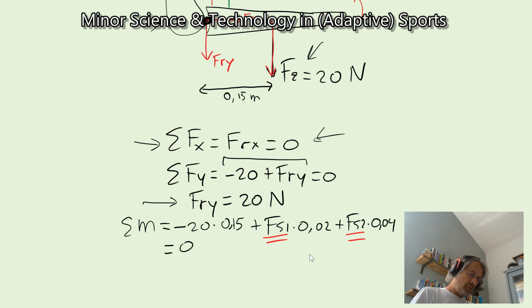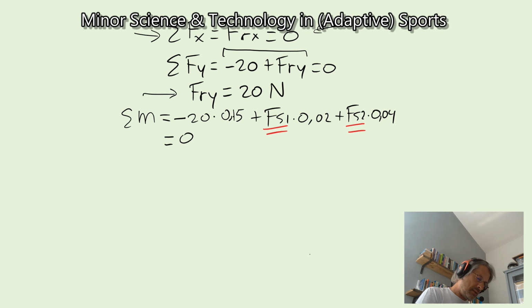So what I'm going to show you is one of these infinite number of solutions, and that is Fs1 equals 50 newtons and Fs2 also equals 50 newtons. Now what we are going to do is to substitute these values into the equation and then check whether the equation is correct.